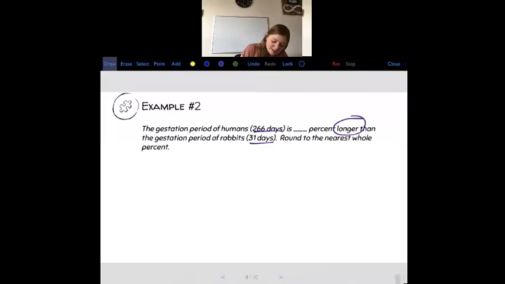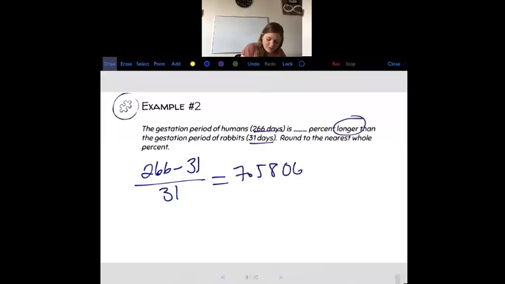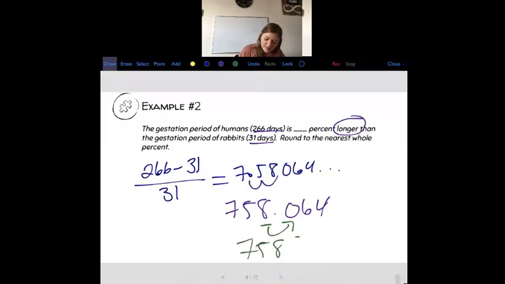So we would use our percent change formula, which would be 266 minus 31 divided by 31, which would be 7.58064, and so on. We convert to a percentage, and then rounding to the nearest whole percent would be 758%.